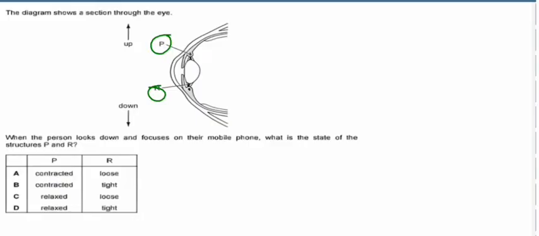What is going to happen here is that P is going to contract, right? And R is going to loosen. So the answer here is M.